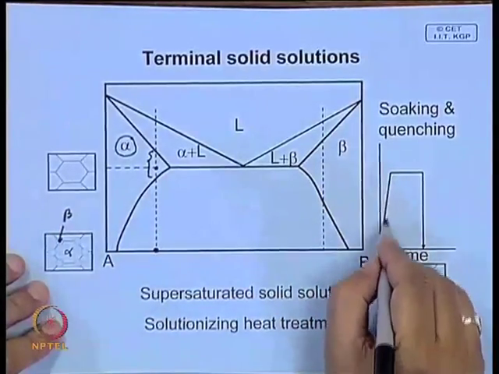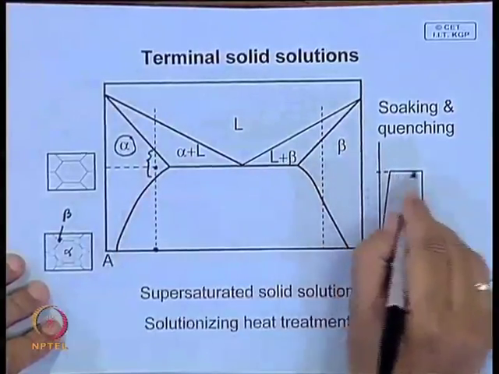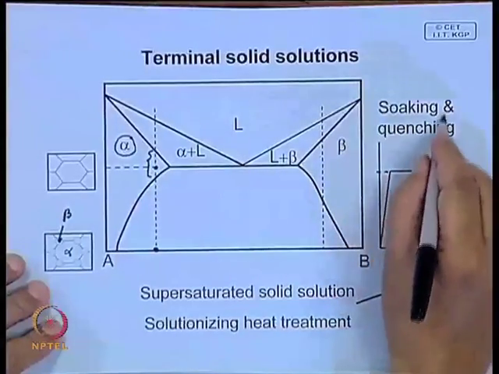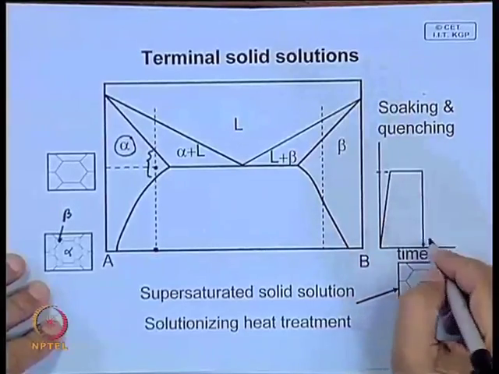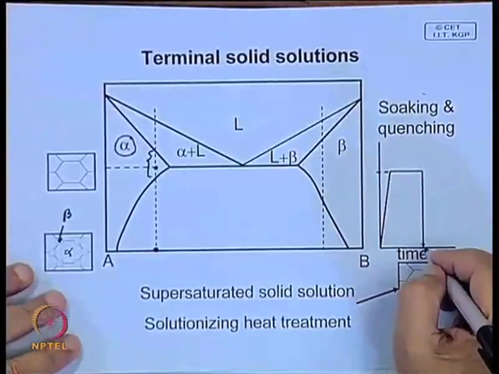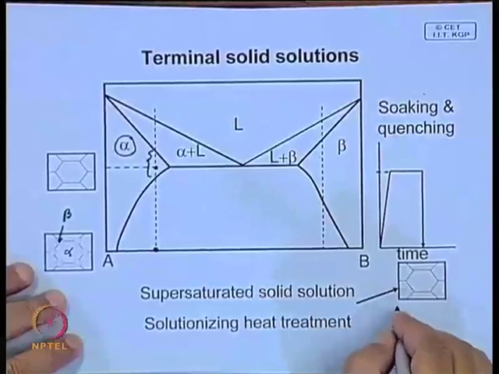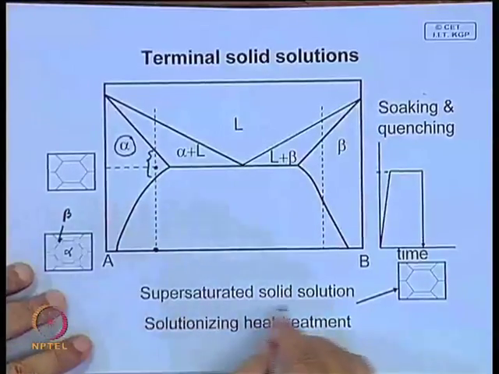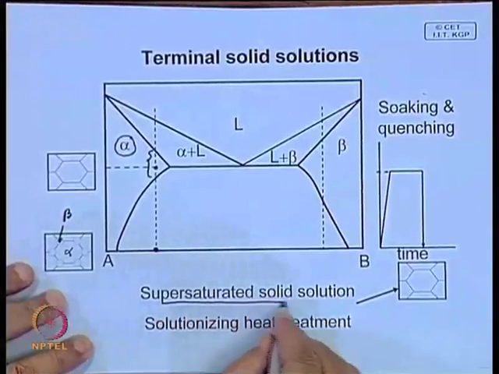That means you heat it here, to this solvus temperature, soak it for some amount of time and then quench in water or cool very rapidly. Then there is every likelihood that you will get a supersaturated solid solution.